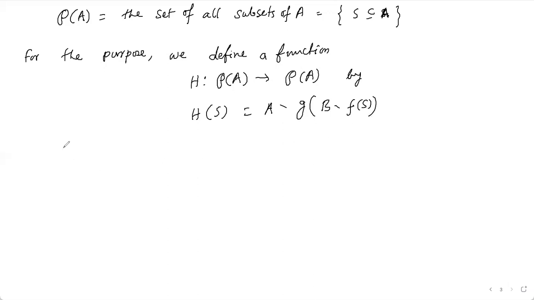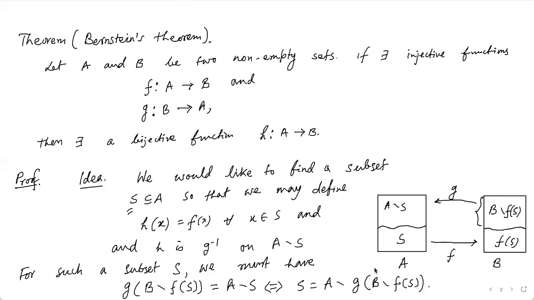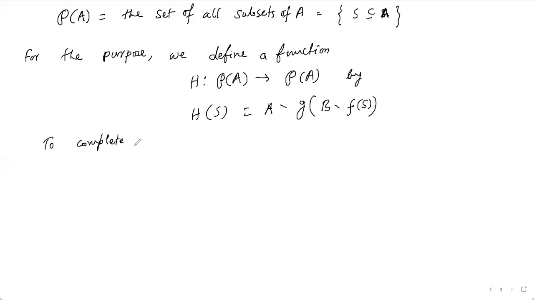Now to complete the proof, basically we would like to find a subset S of A so that this relation holds true. And what is this? This is equal to H of S. So S equals H of S. That is to complete the proof.